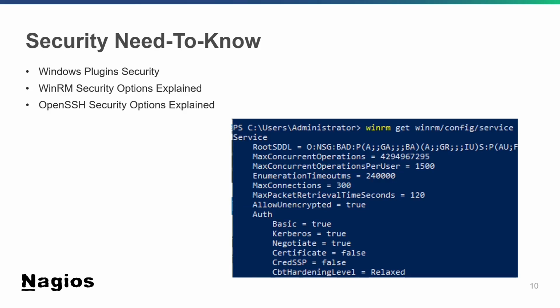CredSSP. CredSSP is a newer authentication model that can do some pretty advanced stuff. Basically, you can send credentials to one system via this CredSSP. I don't know if it's a protocol or what, but that system that you send the credentials to will then attempt to validate those credentials against another service.